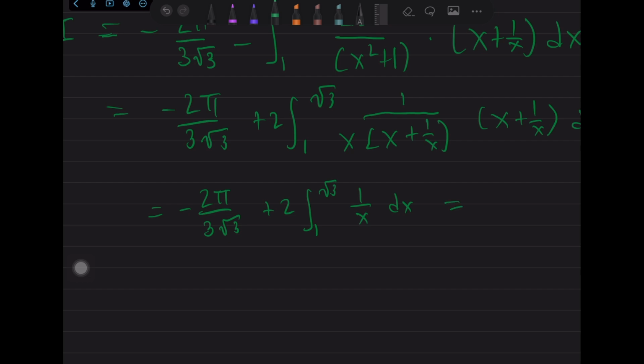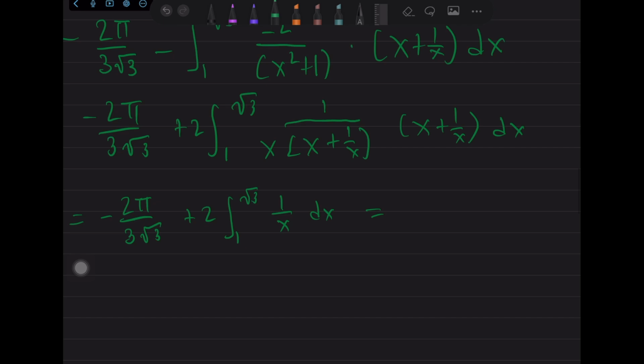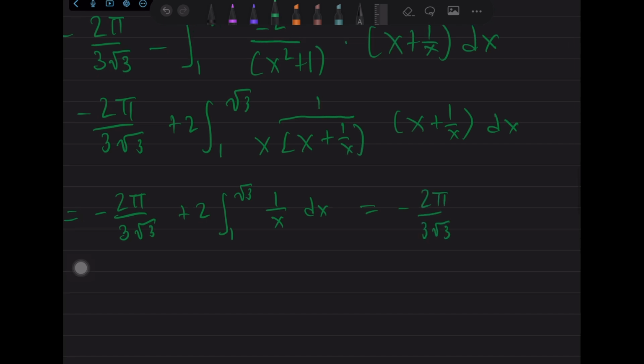We know what this is. This is going to be negative 2 pi over 3 root 3 plus 2 ln of x from 1 to root 3. Negative 2 pi over 3 root 3 plus 2 ln root 3 minus 2 ln of 1, well, that's a 0. So here we go. We have our answer.